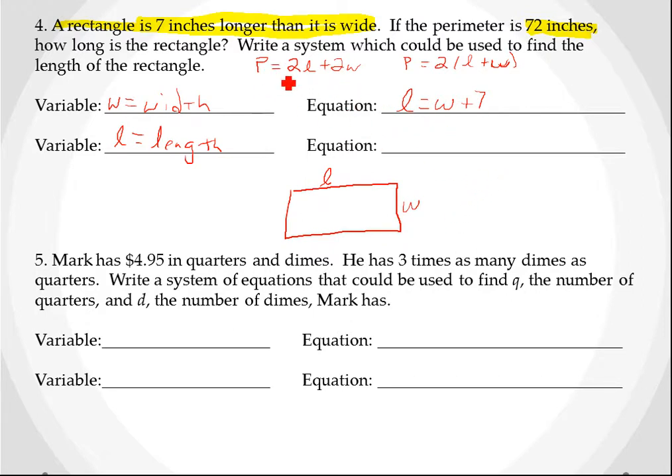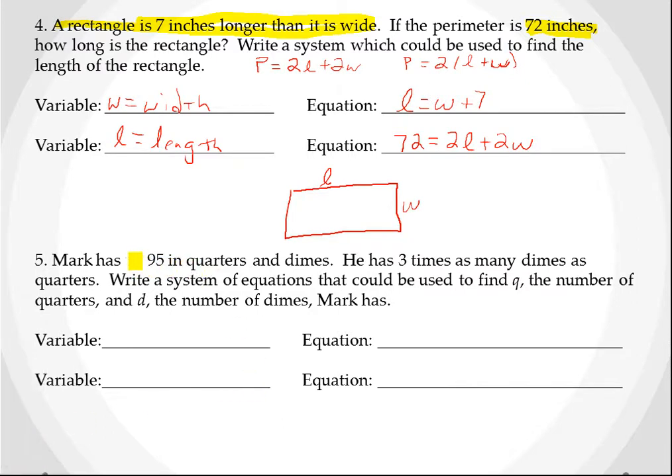And I know the perimeter, that's this total here, 72 inches. It says the perimeter is 72. So I can write 72 in place of the perimeter. And then I just write out the rest of the formula because I don't know what L is and I don't know what W is just yet. That's it.